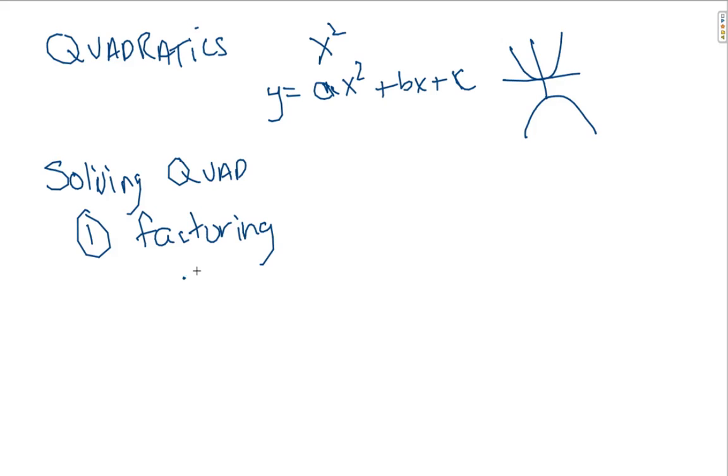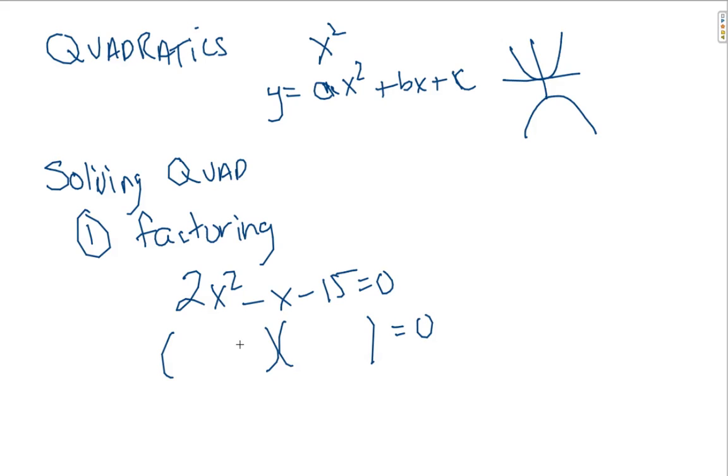If I have a scenario of 2x squared minus x minus 15 equal to 0, factoring just means we do this. There are many ways to teach this, but you choose the way that works for you. There's no square there, of course, so it breaks down into 2x and x and into 5 and 3.